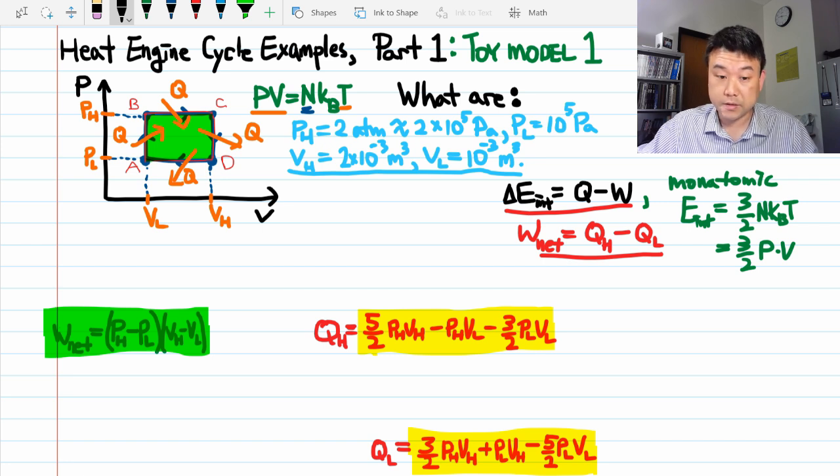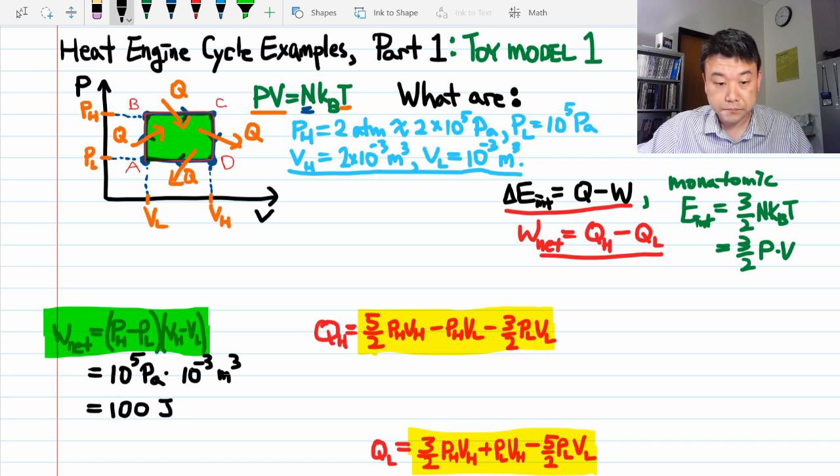That's the difference in the pressures, 10 to the 5 pascal, times the difference in the volume, 10 to the minus 3 cubic meter. Since these are basic SI units, I'm just going to trust that the units work out to joules, which is what it's supposed to be. So 10 to the 2, that would be 100 joules. That's a fairly reasonable number.